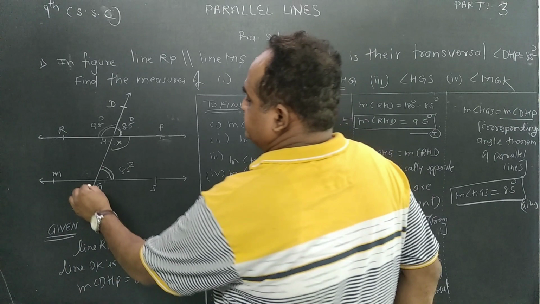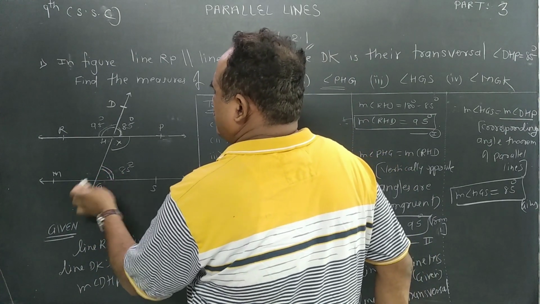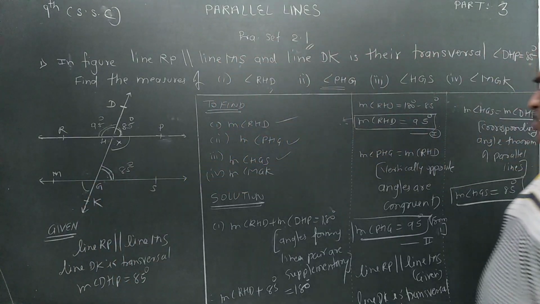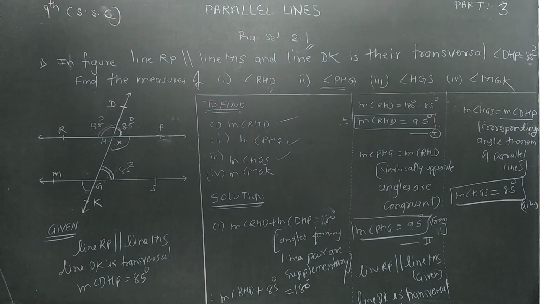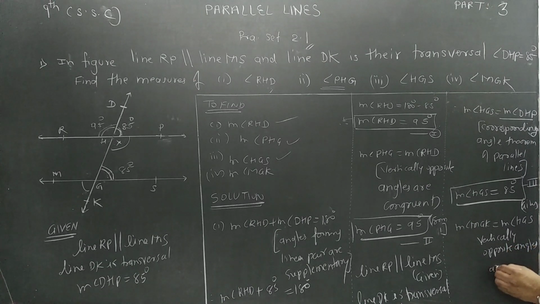MGK, this one. So I know that these two are equal because they are vertically opposite angles. So what are you going to write now? Measure of angle MGK is equal to measure of angle HGS. It is the third one, right? And what reason will we write? Same thing. Vertically opposite angles are congruent.